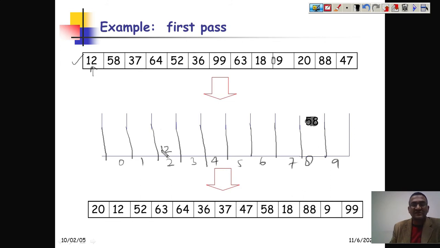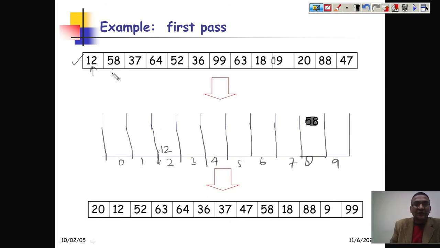Already we have discussed that a bucket behaves in two ways: it behaves as a queue and it also behaves as a counter. What does it mean? It means when you are inserting anything into bucket 2, this will come out first, because a queue works on first in first out.